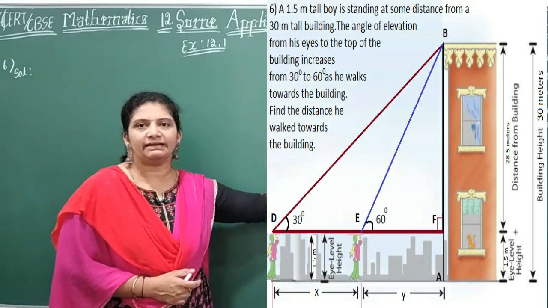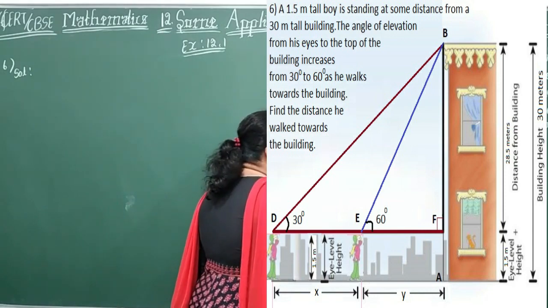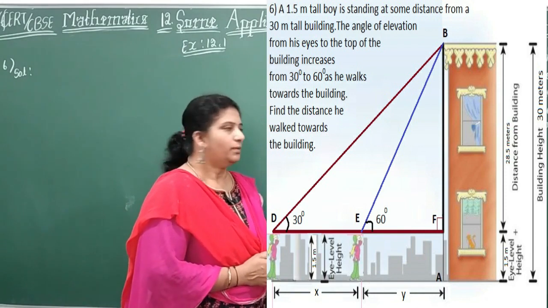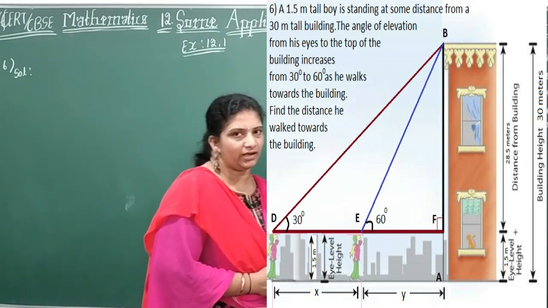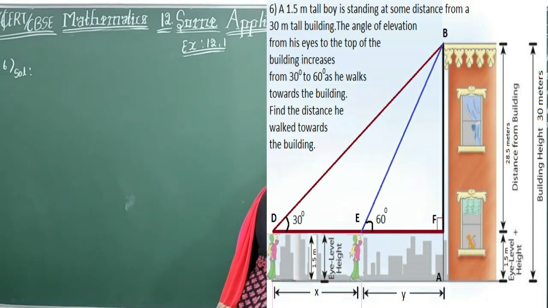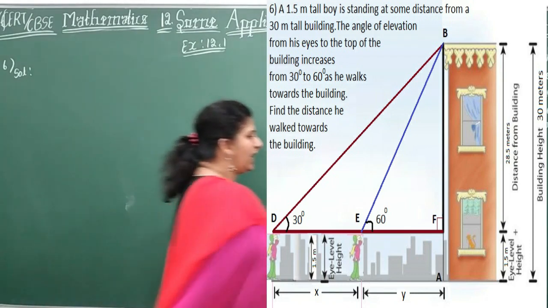I need to calculate this distance. Now let us assume this distance be x. Only this you need to find. But without knowing this, we can't get this. So let us assume another letter y. What is the distance between EF?